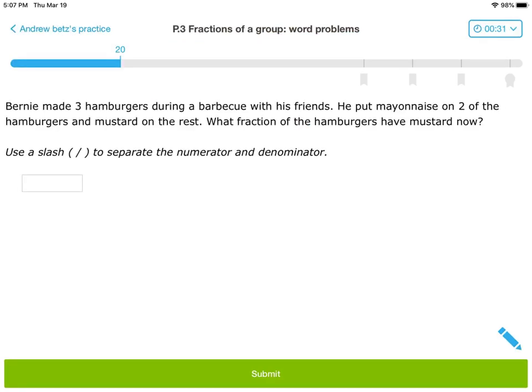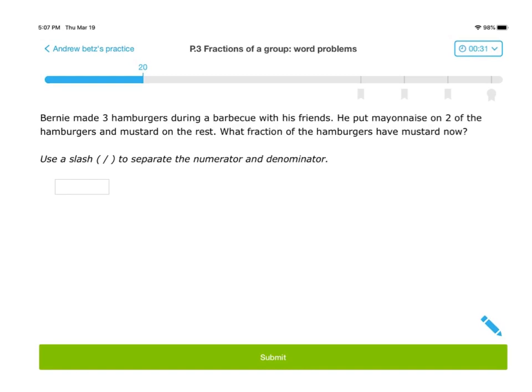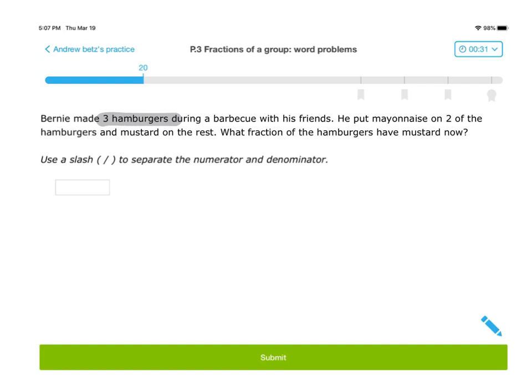Number 2, it says Bernie made 3 hamburgers during a barbecue with his friends. So he made 3 hamburgers. He put mayonnaise on 2 of the hamburgers and mustard on the rest. So the question is, what fraction of the hamburgers have mustard? So if I'm thinking about the mustard part, first, how many hamburgers did he make in all?